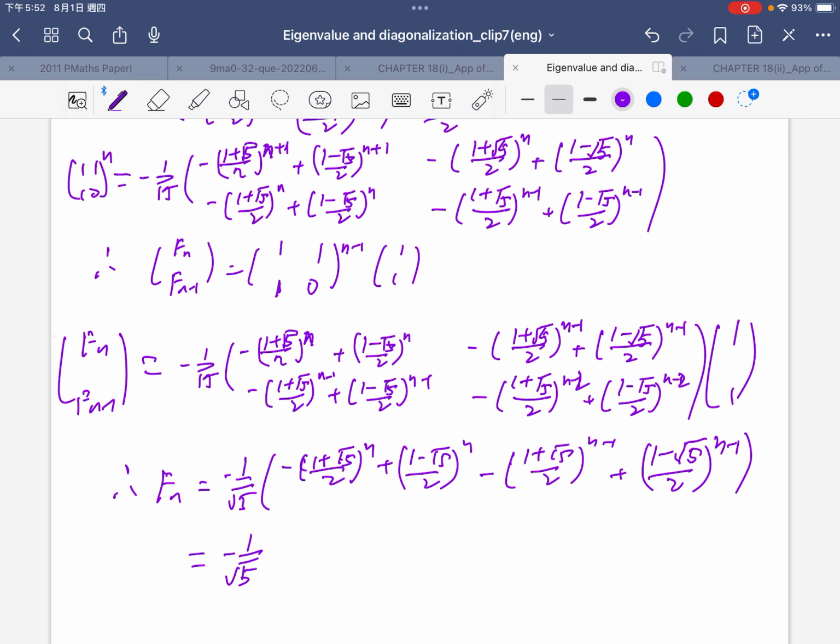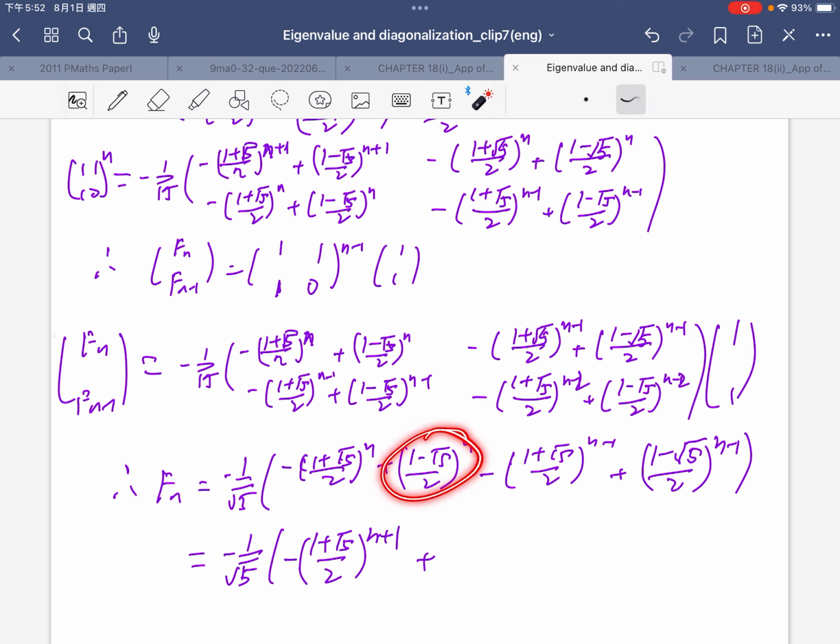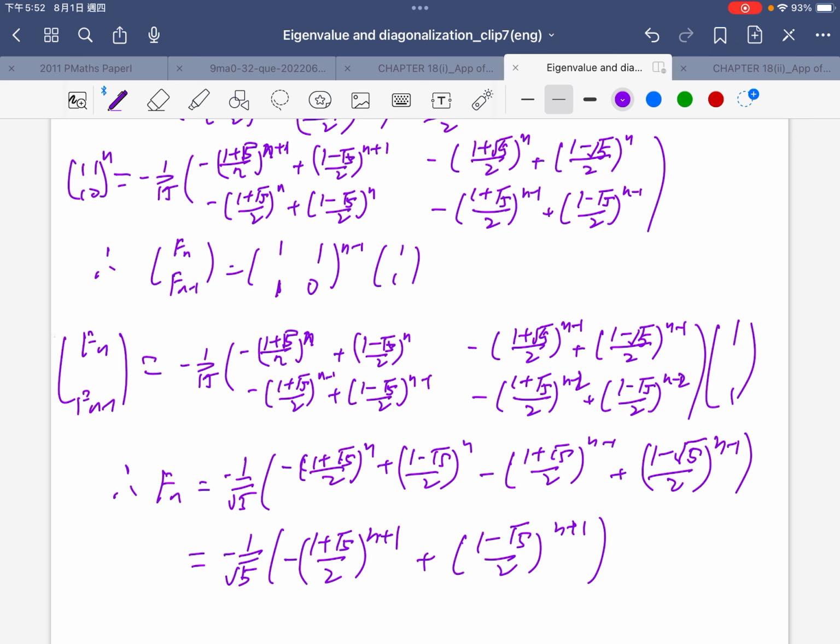The result, we actually have minus 1 plus square root 5 over 2 to the n plus 1 plus, and for these two we can simplify as 1 minus root 5 over 2 to the n plus 1.